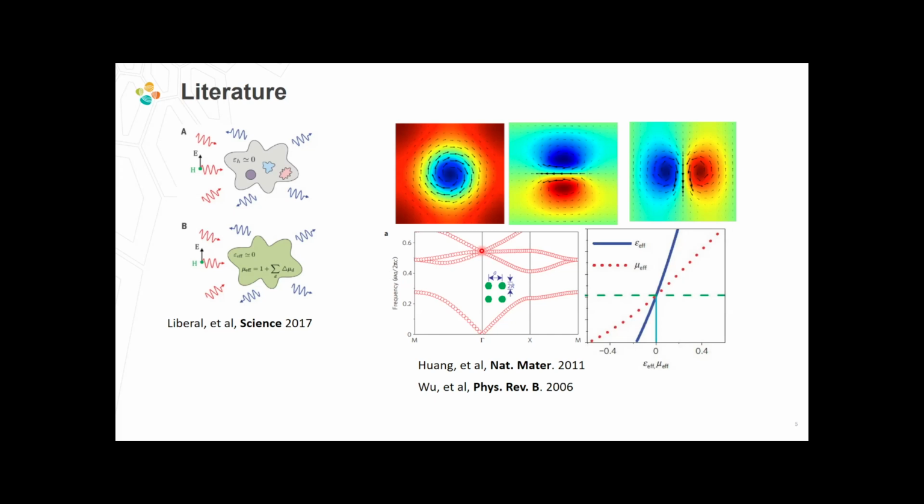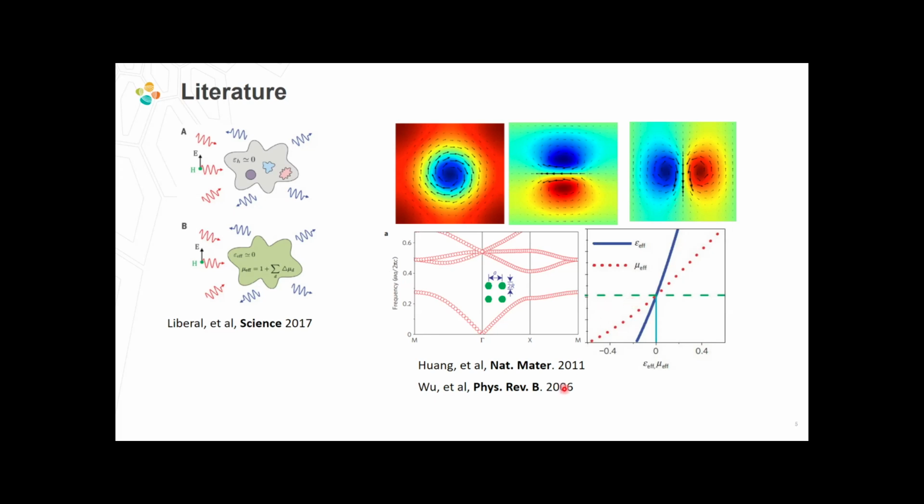These are two dipole modes and one monopole mode. If they degenerate, then you will have the so-called zero index property.